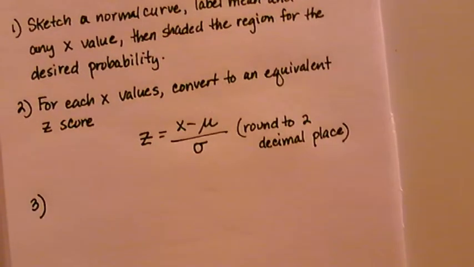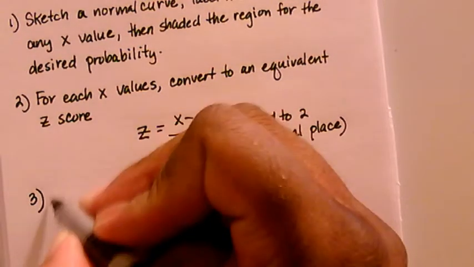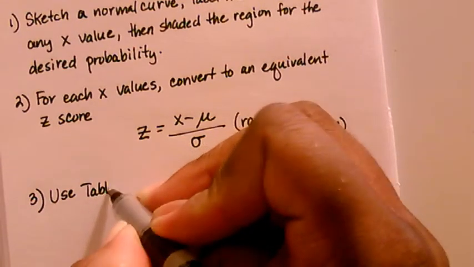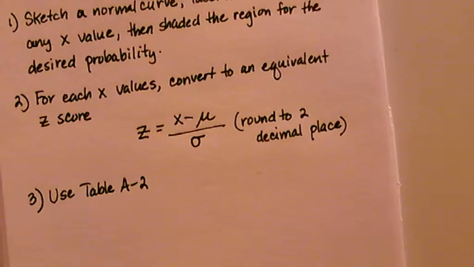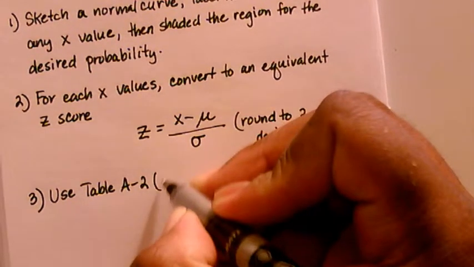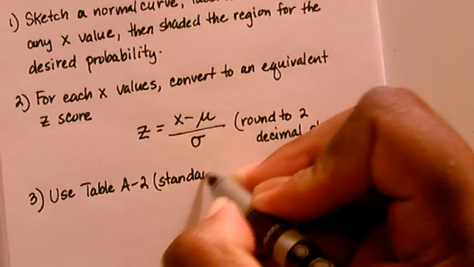And then step number 3, you're going to use table A-2. For those of you who are taking my class, you'll know that I'm talking about table A-2 that you can find on Cruiser. And for those of you who don't know, table A-2 is the standard normal distribution table.